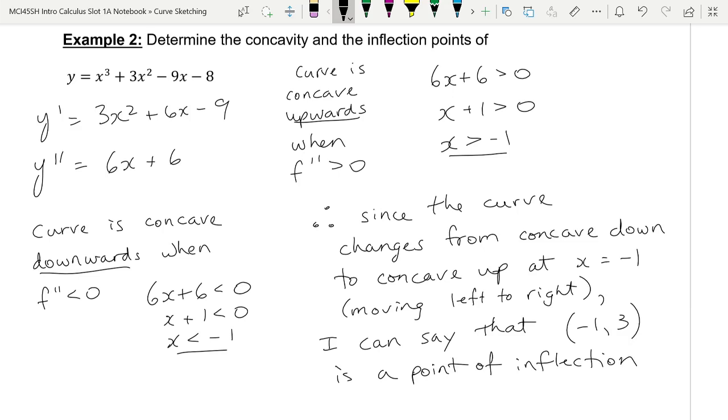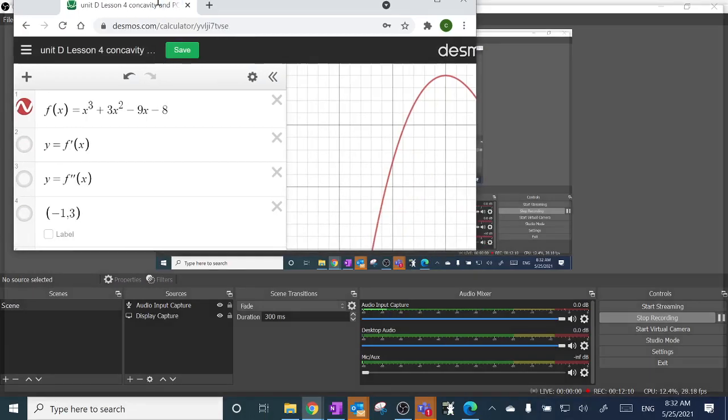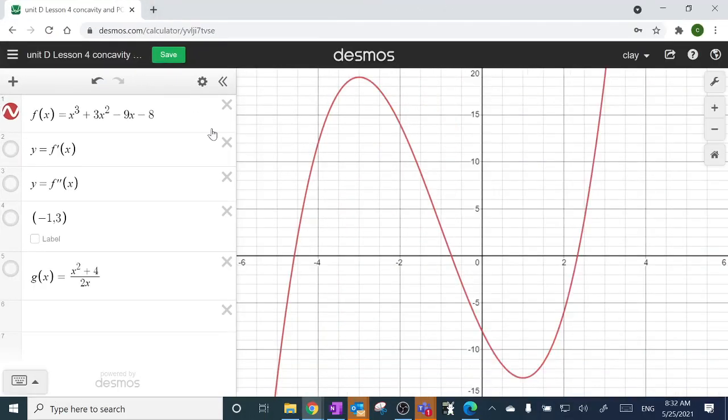And it's a good thing that we have kind of an algebra way to solve that, to figure that out. Because let me show you this graph on Desmos. Let me just drag it over here. There we go. Notice it's not all that easy to see exactly where this graph changes from a curve that has a maximum to a curve that has a minimum.